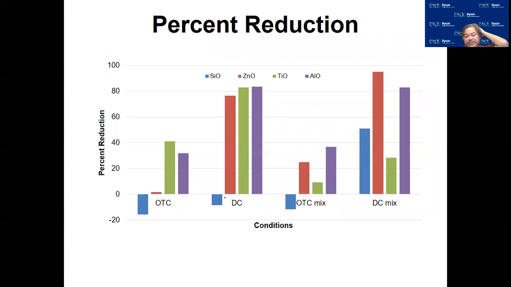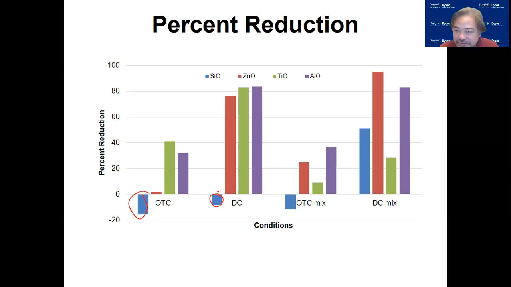So for the OTC and the DC mix, we always found a much higher reading because you have here a negative reduction. So this might have something to do with why they have high fluorescence. But if we look at the percent reduction, DC is greatly reduced compared to the oxytetracycline.